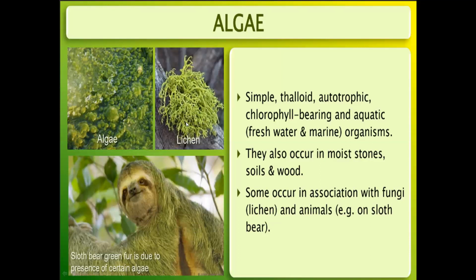Just a mass. Lichen is an association of algae and fungi. And animals, for example, the sloth bear. This green color you can see on the bear is actually algae. The sloth bear's green fur is due to the presence of certain algae.